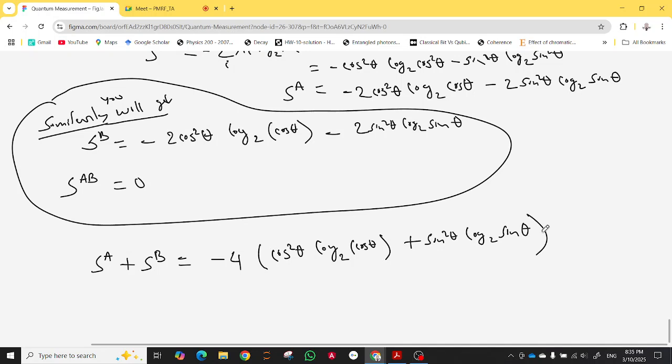Now just tell me whether this SA plus SB is greater than 0 or less than 0, I mean, positive or negative, this whole term.